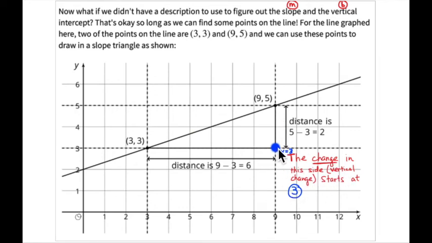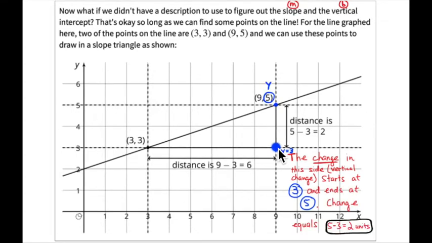So you begin here at 3, and where does it end? Well, it ends at this 5 here. So how many units have you gone up from starting at 3 and ending at 5? So the change is equal to 5 minus this 3. So you have to get rid of the beginning amount, and you end up with that change of 2 units.